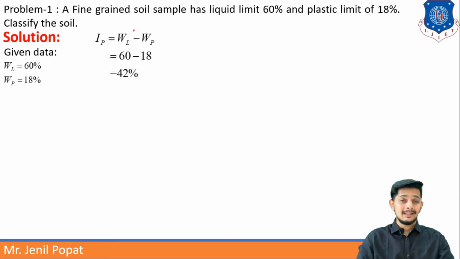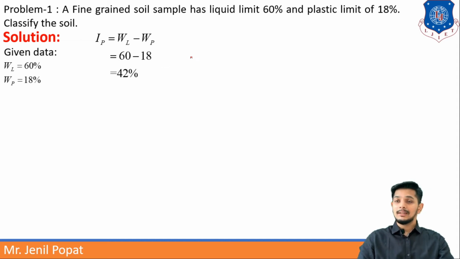First of all, to classify this, I have to find the plasticity index, IP. IP is the difference of liquid limit and plastic limit. So 60 minus 18 comes out as 42%, which is the plasticity index.